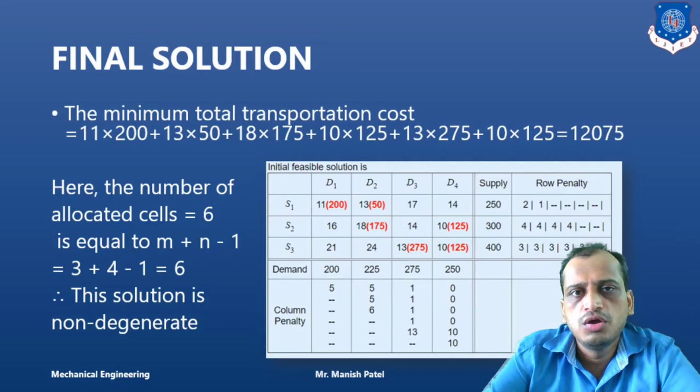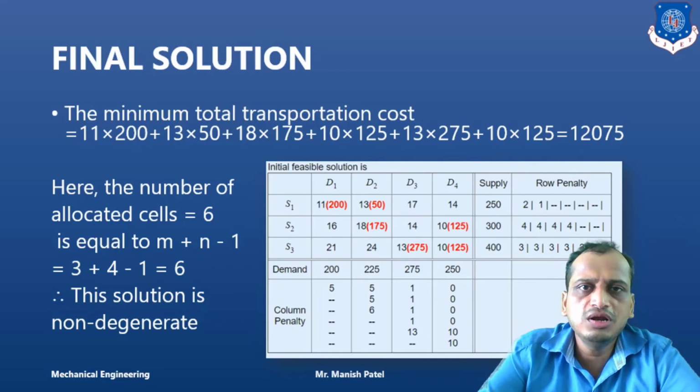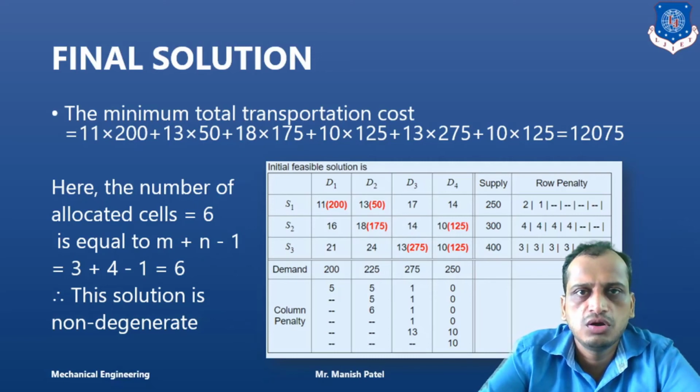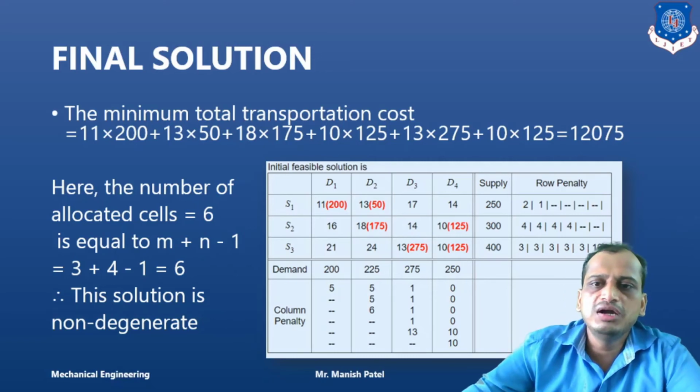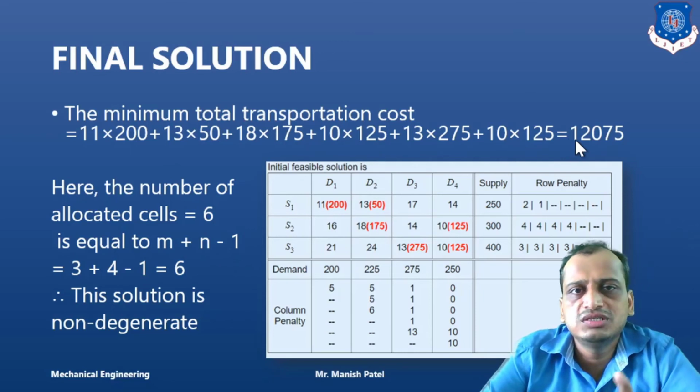But up to here, what have we discussed? We have discussed 3 crucial methods: the northwest corner method, the least cost method, and Vogel's approximation method. Vogel's approximation method is particularly suitable if you want to arrive at a very near optimal solution of minimum transportation cost. In this case, if you multiply 200 into 11, 50 into 13, 175 into 18, and sum all of them, you arrive at 12,075.